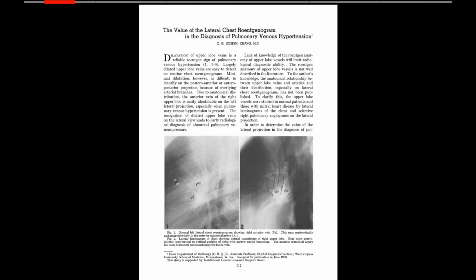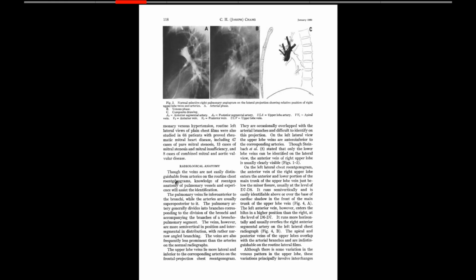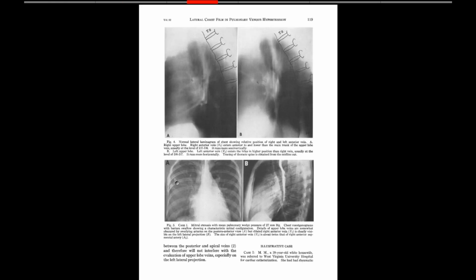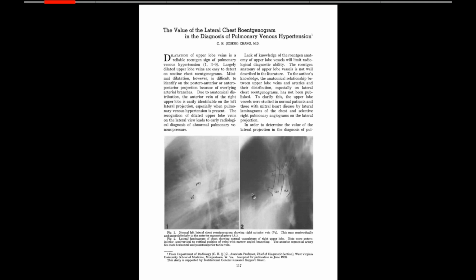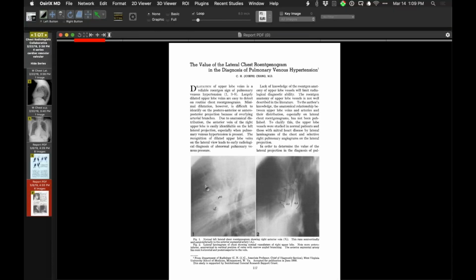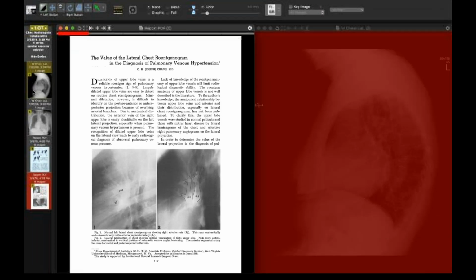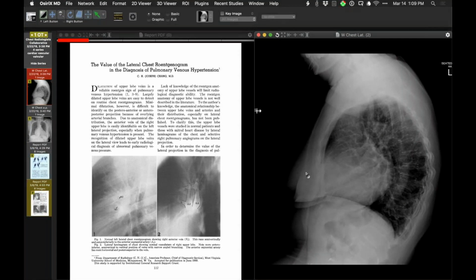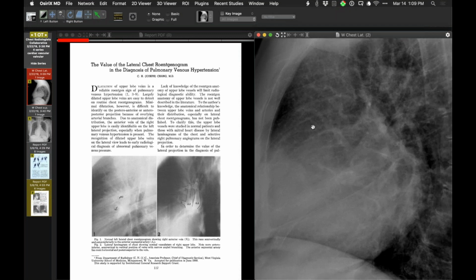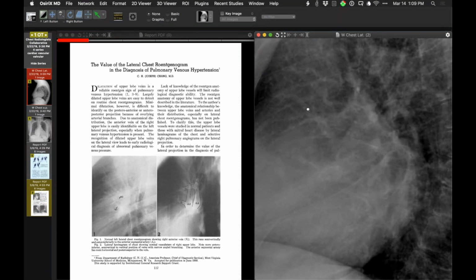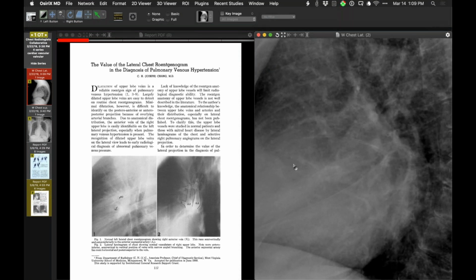But you can see from this article and these images that he is trying to describe the location of pulmonary veins here. And I will show you that for this particular person, in looking at the lateral projection of the chest, and I'll mag this up and move it here, when the veins are so big, we can actually see that. So here, for example, this is the right pulmonary artery, but here's a really nice example of actually seeing a rather dilated superior pulmonary vein on the lateral projection of the chest.